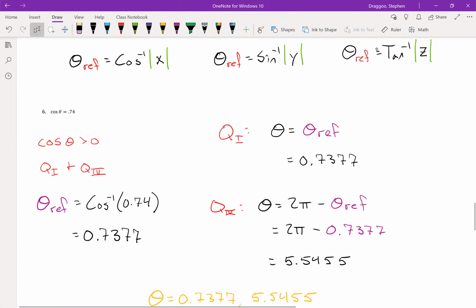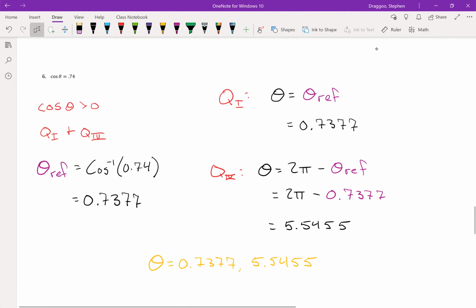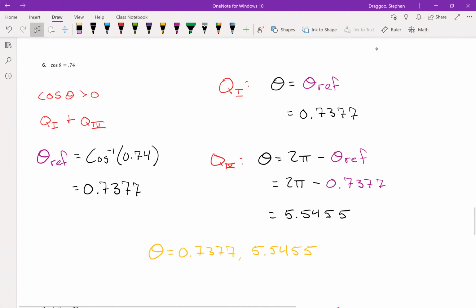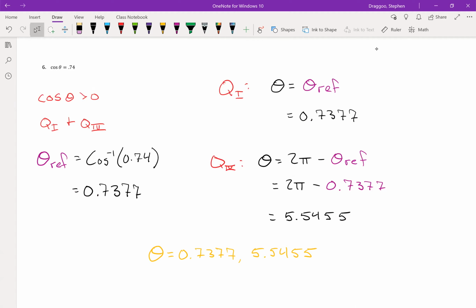Instead, we're going to need to use a bit of inverse trigonometry to solve for our answers. So take cosine theta equal to 0.74. That's not one of the values that we have memorized from the unit circle, so we're going to need to turn to our inverse trig functions in order to get a solution.